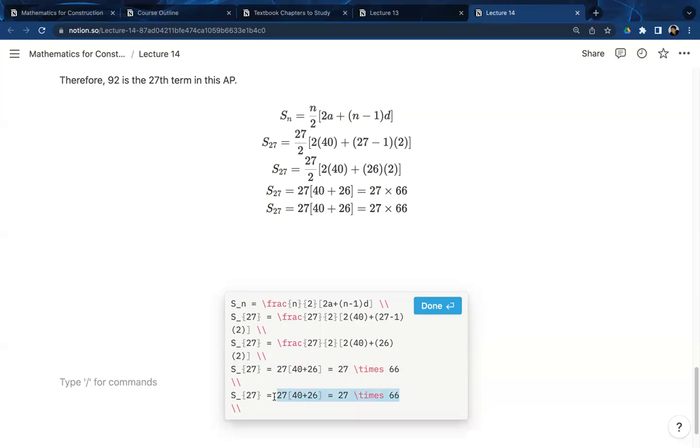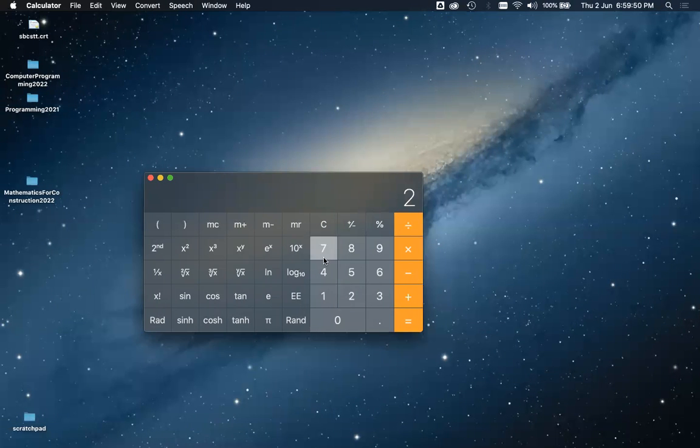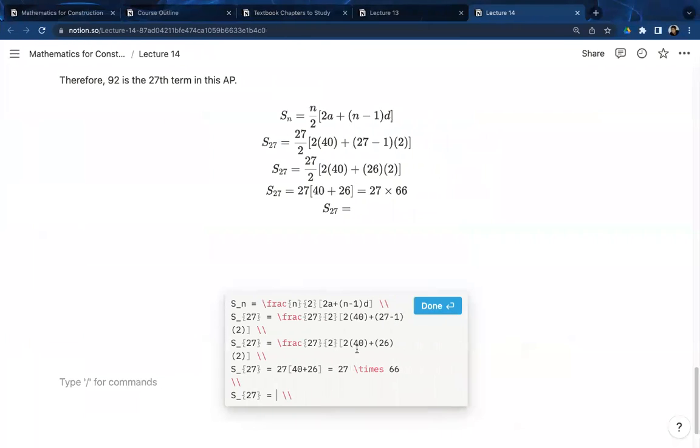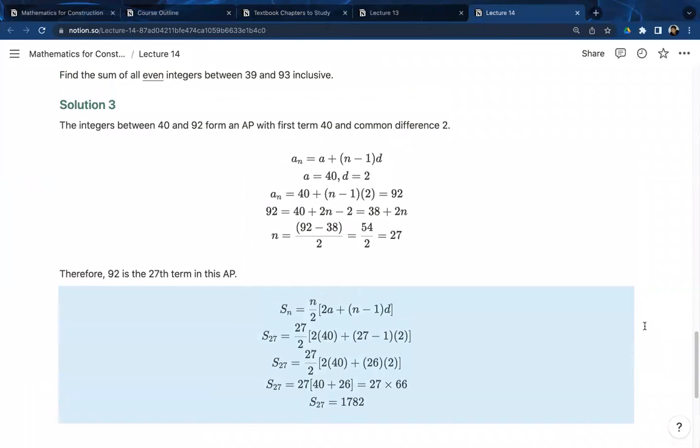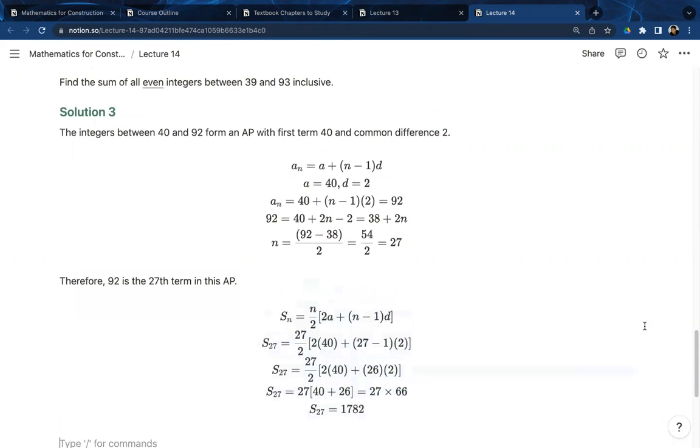What is this value? 27 times 66 equals 1782. It's not a lot of even numbers between 40 and 92. It's not a lot of numbers. This should be the answer.